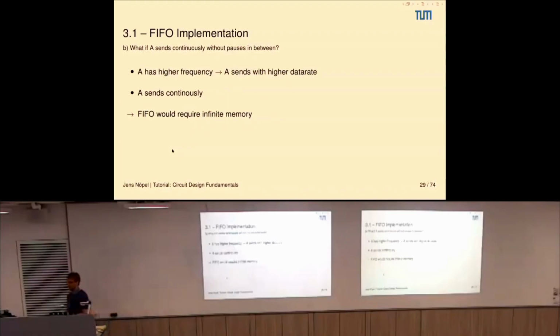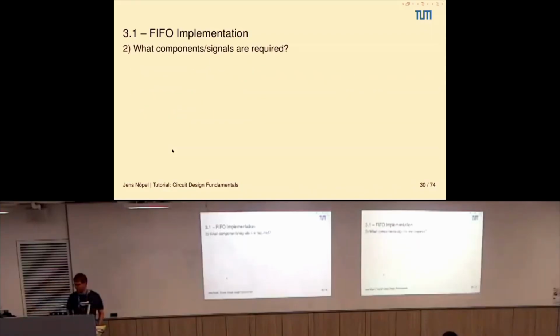So be aware of that. If you have a module that continuously produces data at a much higher frequency than the receiving one, a FIFO will not help you. It's only useful if you receive in a packet-size or burst-size manner.